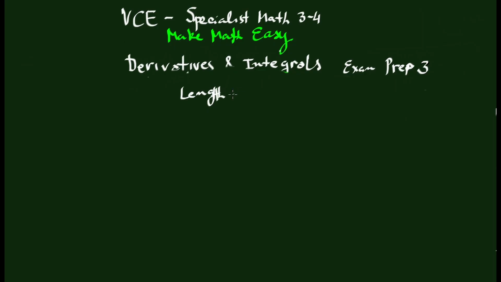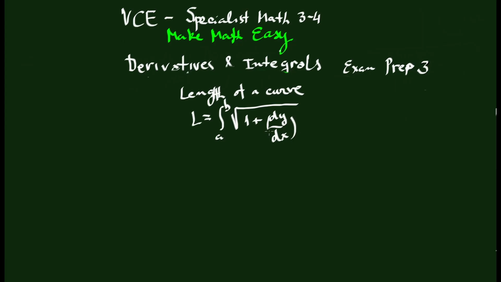Length of a curve. So the formula is L equals the integral from A to B of the square root of 1 plus dy by dx squared.